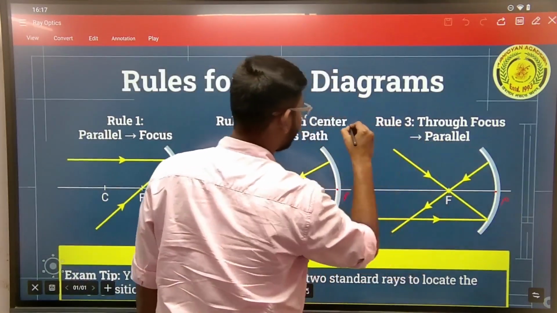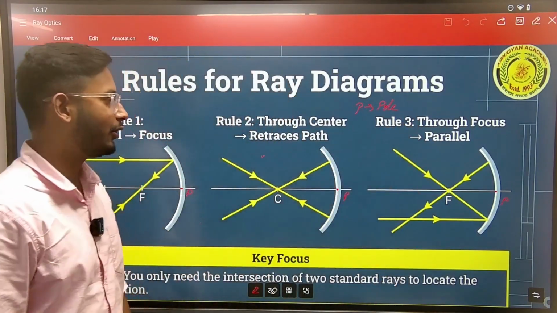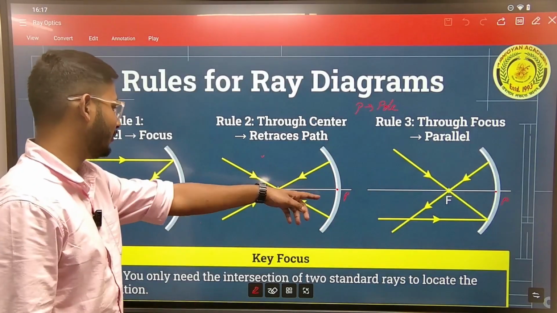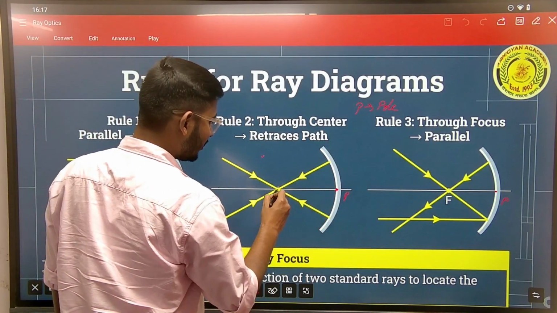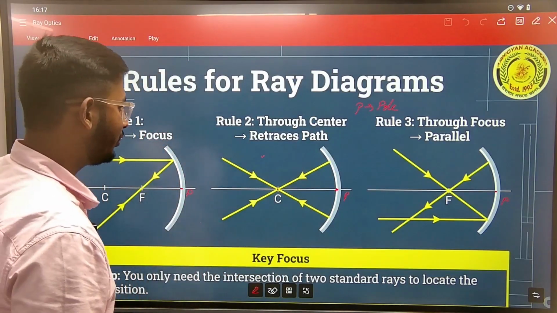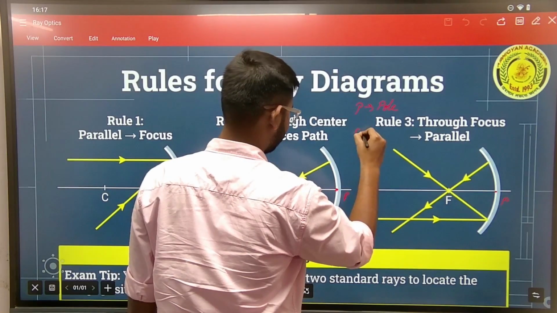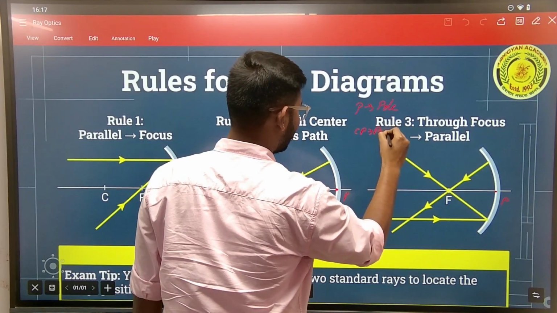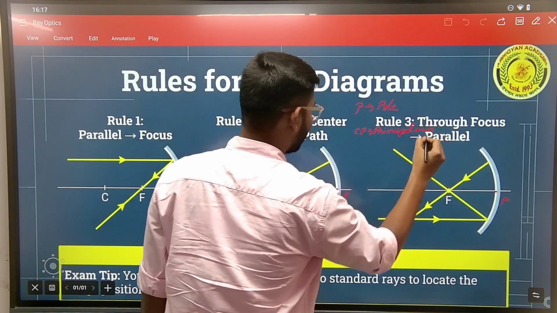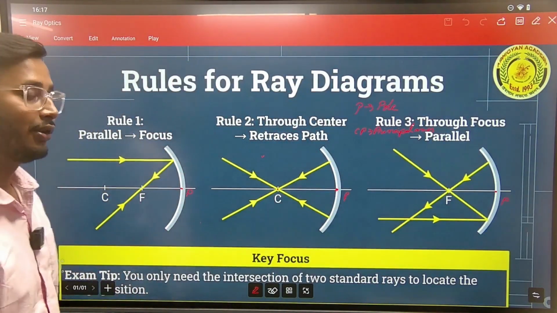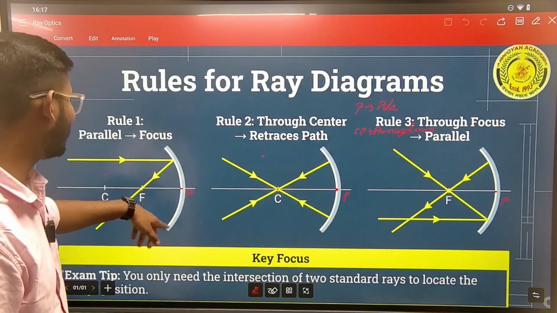This point P is called the pole, and the line which joins P and C, the pole and the center of curvature, is called the principal axis. Now the incident rays which are parallel to the principal axis.